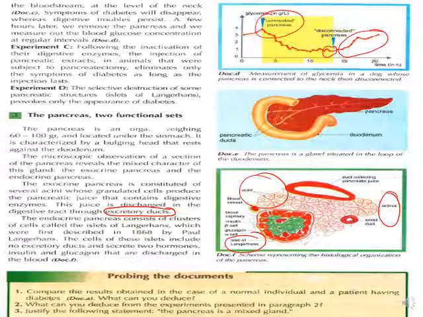So the pancreas is a mixed gland since it contains 2 functional sets: acini cells, the exocrine part that secretes pancreatic juice into the digestive tract, and islets of Langerhans, the endocrine part that releases the hormones insulin and glucagon to regulate the level of glycemia.